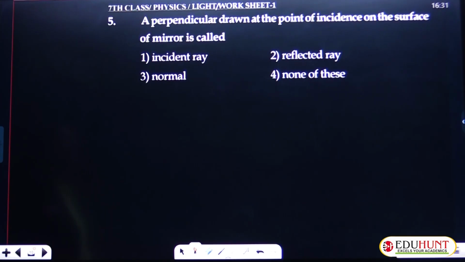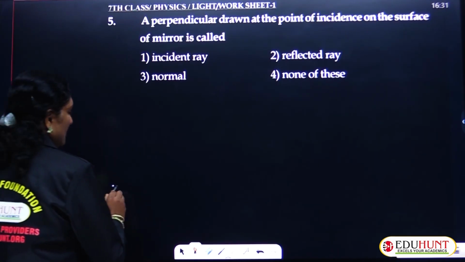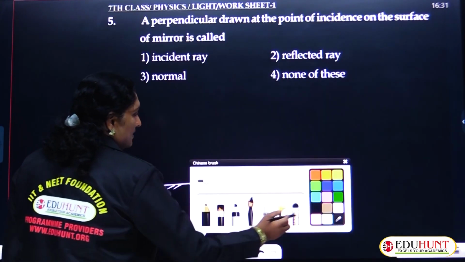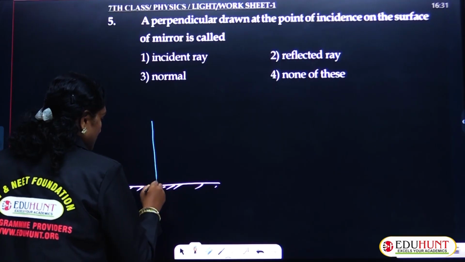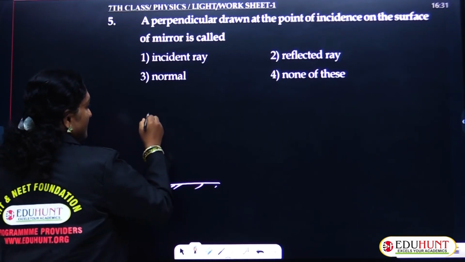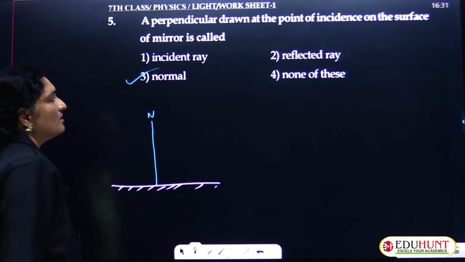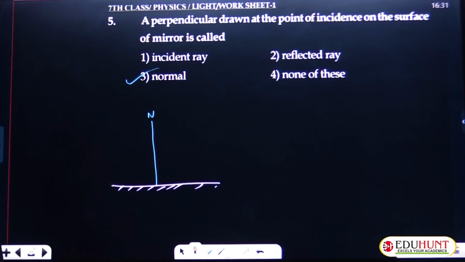Next one: a perpendicular drawn at the point of incidence on the surface of the mirror. So again the mirror is considered. On this mirror a perpendicular is drawn. What is this called, children? This perpendicular drawn onto the mirror is called the normal.